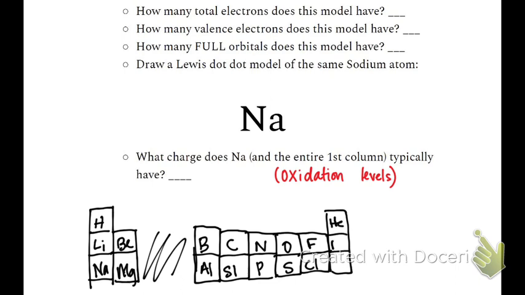Helium, neon, and argon. Obviously, your chart keeps going down, but I don't have enough room for that. Your oxidation levels decide, depending on how many protons your element has, that'll decide if it gains or loses electrons when bonding. Okay?